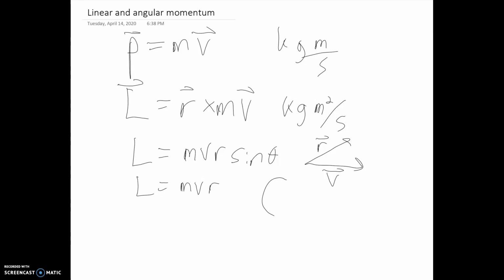If something is going around in a circle with speed v at distance r, you can see they're always going to be perpendicular to each other. We can also express it as I omega, where I is the moment of inertia and omega is the angular velocity. We're going to use this an awful lot.